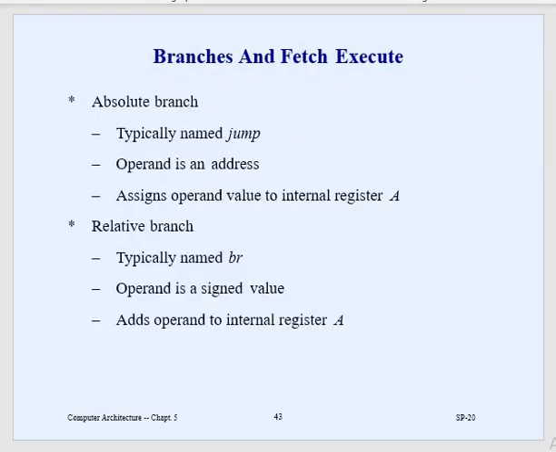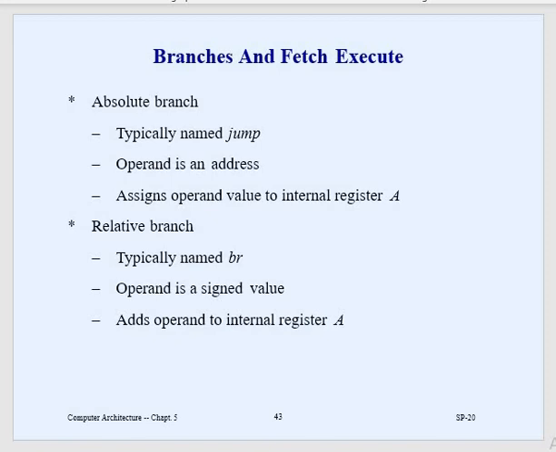Now let's discuss a few things about branches and the fetch execute cycle. There are two types of branches: one is called the absolute branch and the other is the relative branch. In the absolute branch, we typically use the jump command.